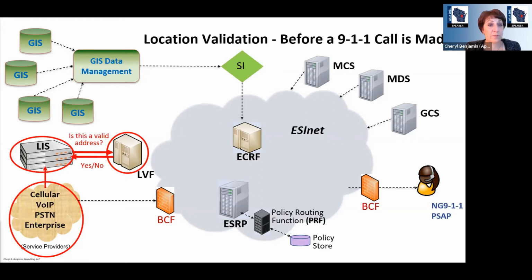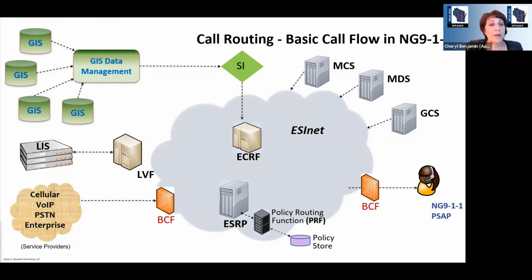Okay, now we're going to look at how a call is routed in a next-gen 911 system. And this gets a little bit complicated, so I'm going to walk through it slowly and try to explain it as we go through. So you have a 911 call that's sent from the device, and it's sent with its location in that PIDF-LO format. Again, that's the machine-readable XML format.